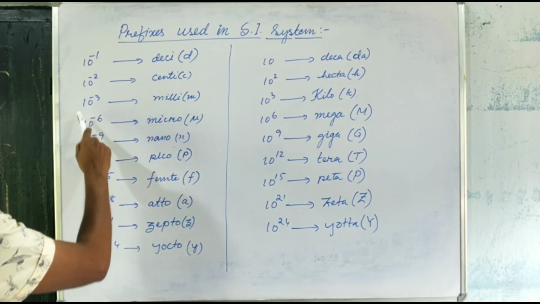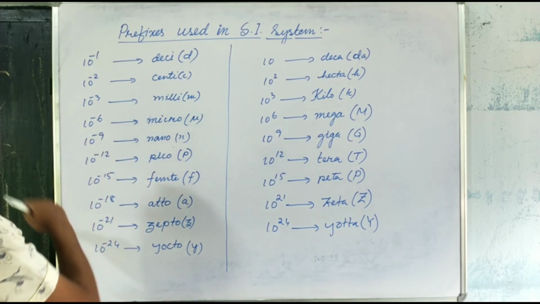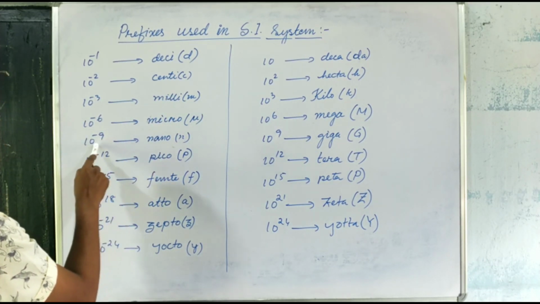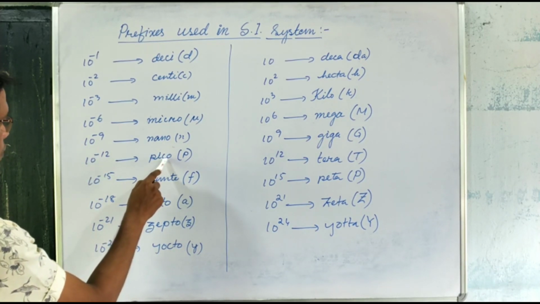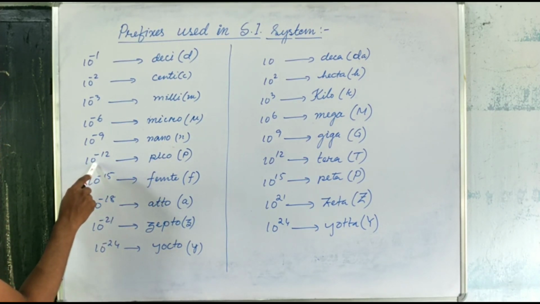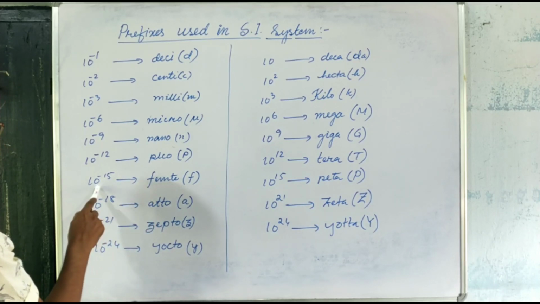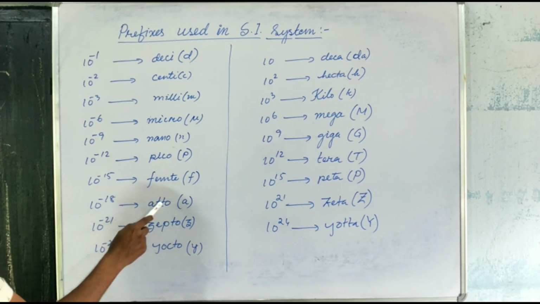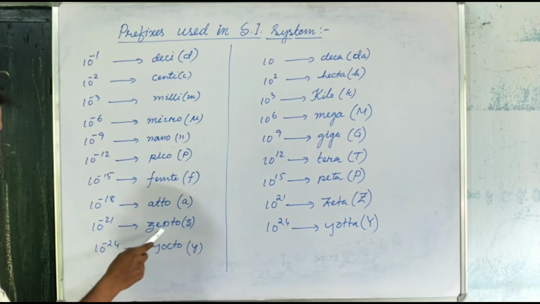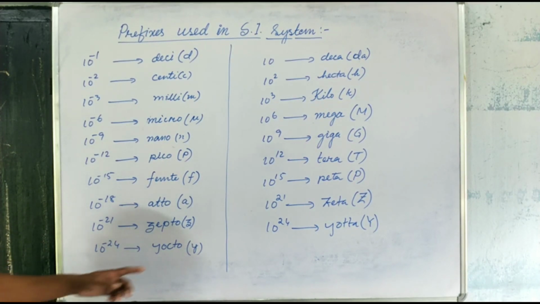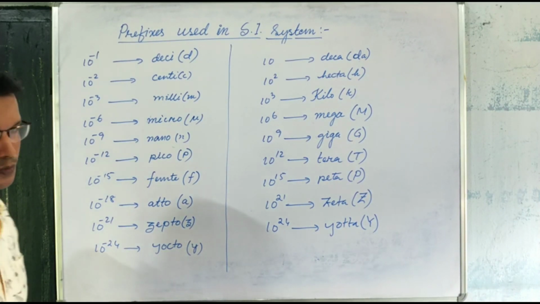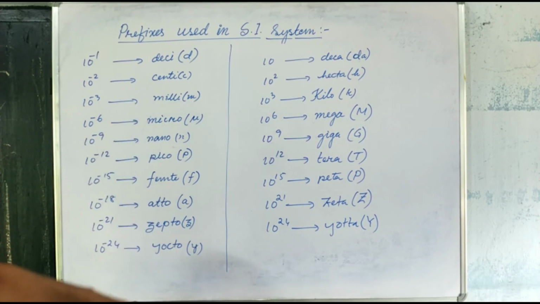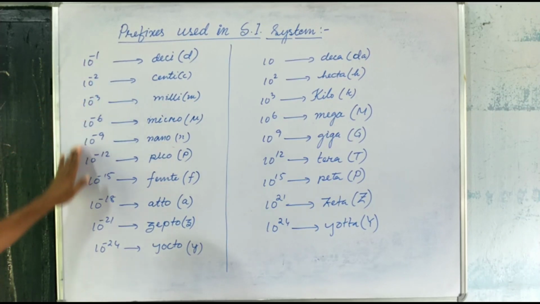Milli means 10 to the power minus 3, micro means 10 to the power minus 6, nano means 10 to the power minus 9, pico means 10 to the power minus 12, femto means 10 to the power minus 15, atto means 10 to the power minus 18, zepto means 10 to the power minus 21, and yocto means 10 to the power minus 24. So these are the prefixes which are expressed in terms of negative power of 10.